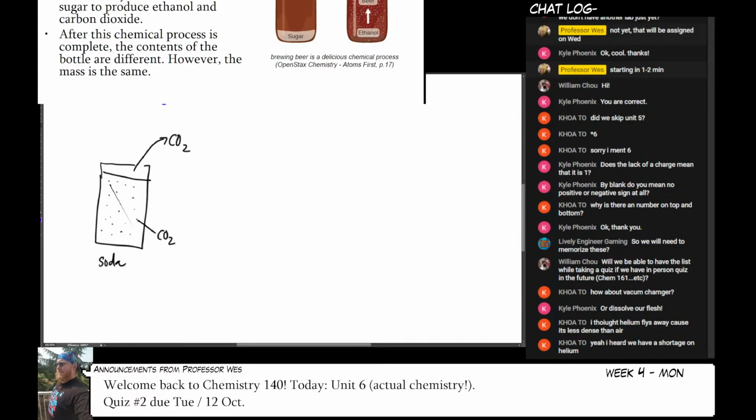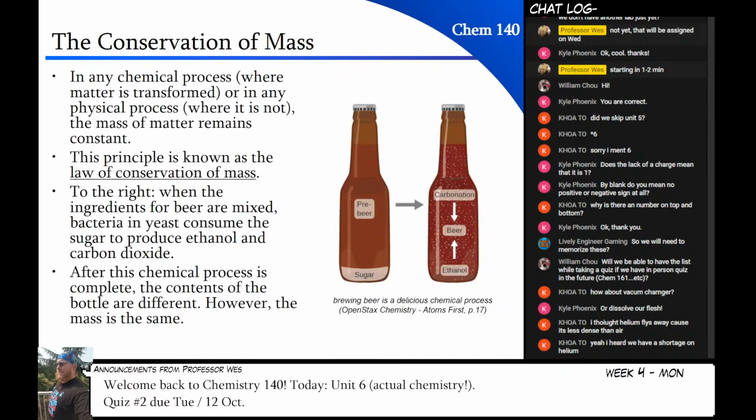Is it losing matter? Yeah, because the matter is escaping into the gas phase. So gases can escape, but the matter still exists. So we say that the mass is still conserved, despite the fact that we don't observe it using our tool anymore. So it's a matter of perspective, really.